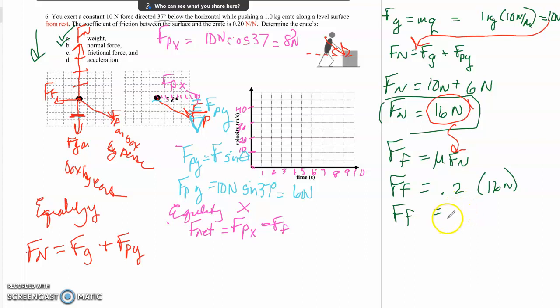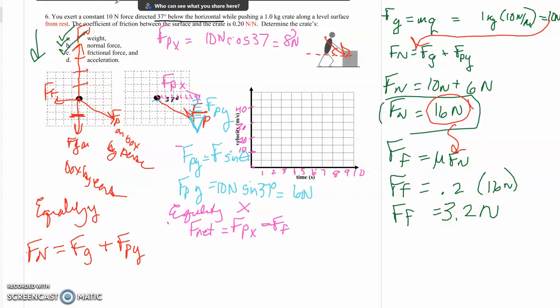About, let's see, sorry guys, this was originally done with 9.8, so let's just see. 0.2 times 16 is 3.2, okay?